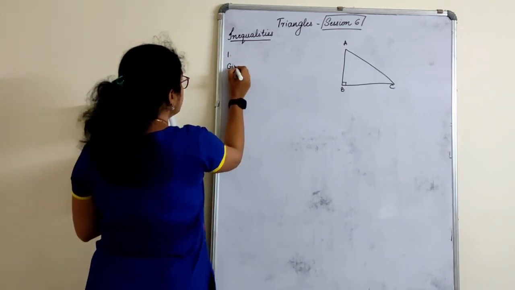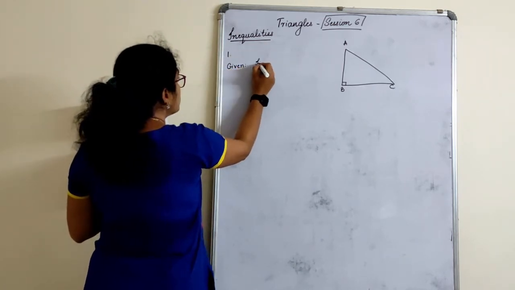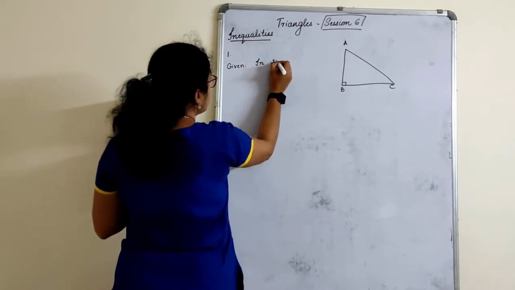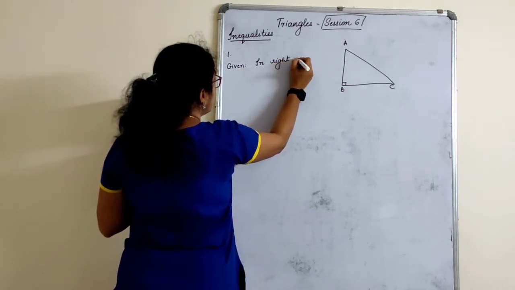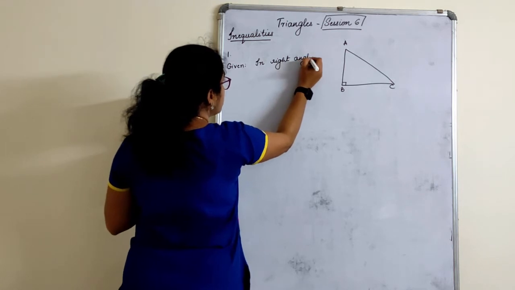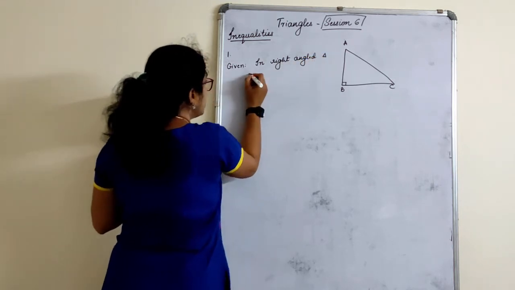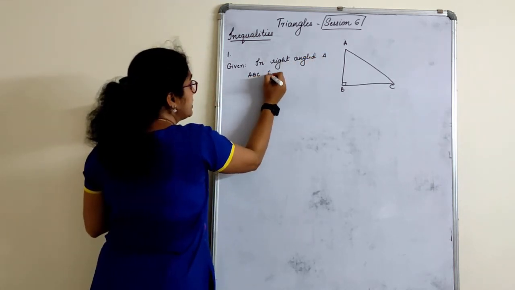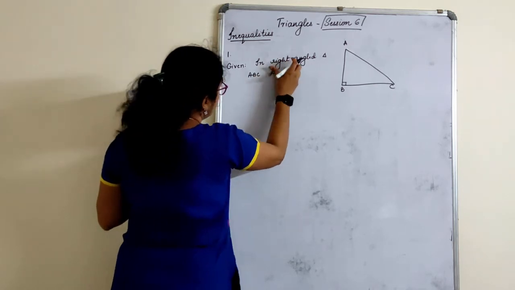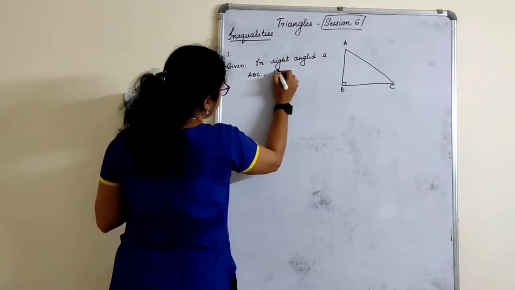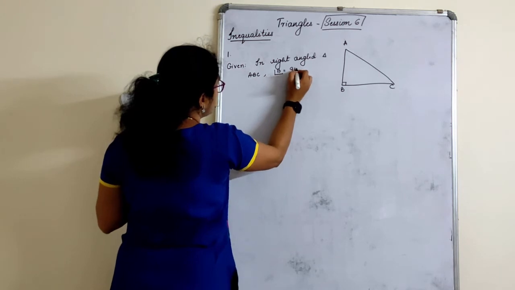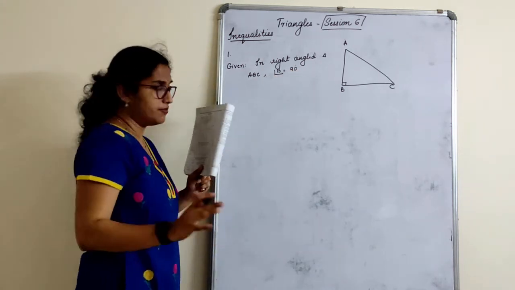Given: in right angled triangle ABC, angle B is equal to 90 degrees. That's all.